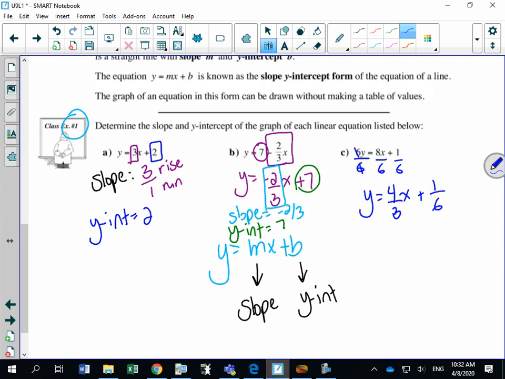Okay, now I'm in the form of y is equal to mx plus b. What was my slope? The slope of this equation was 4/3, a rise of 4 and a run of 3. And what was the y-intercept of this equation? The y-intercept was 1 over 6. Okay?